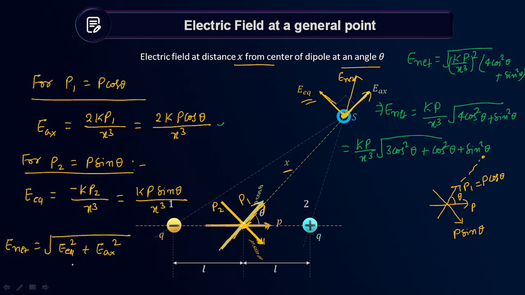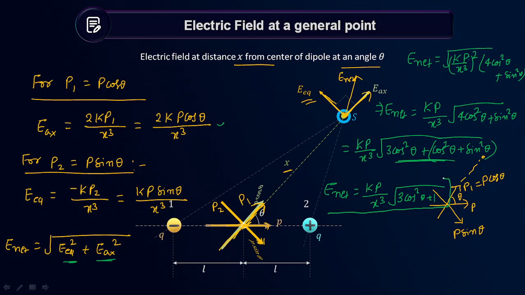Yes or no? When we write axial square plus equatorial square, it will be plus only. So can I write like this? Any problem? This is nothing but 4 cos square theta. Now cos square theta plus sin square theta is how much? 1. So we can write E net now, that will be equal to kp divided by x cube root under 3 cos square theta plus 1.